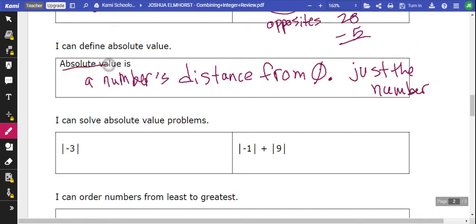Okay, so the absolute value, for example, of negative 5, these are absolute value symbols, is 5, or the absolute value of 5 is also just 5. So I can solve absolute value problems.